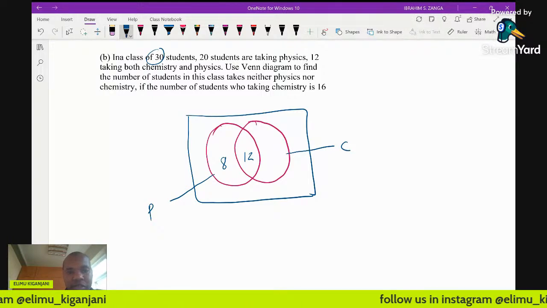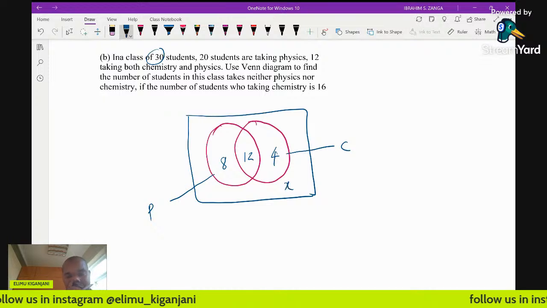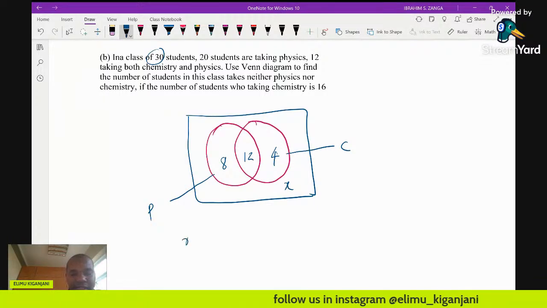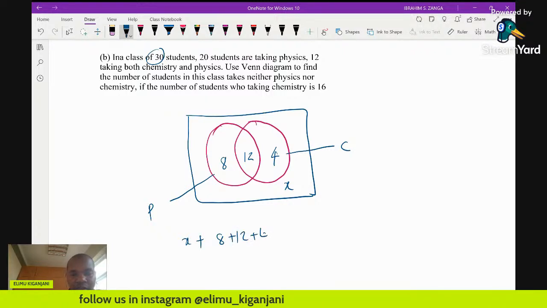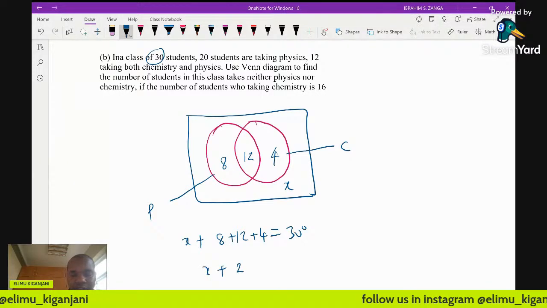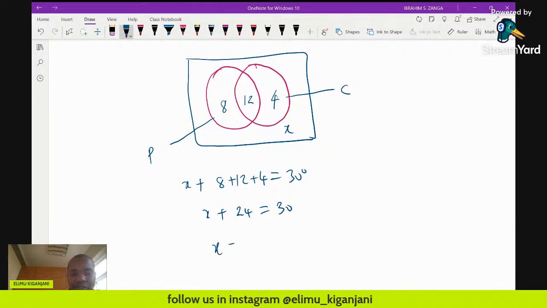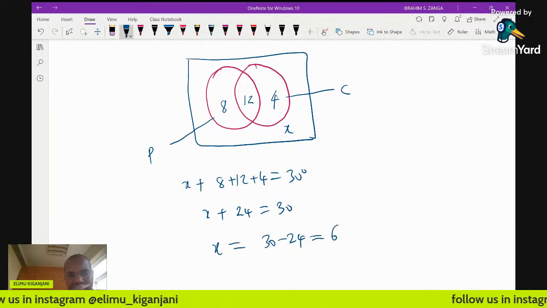We were told that 16 are taking chemistry, so chemistry only is going to be 4. We don't know how many take neither, so it is x. x plus 8 plus 12 plus 4 equals 30. So x plus 24 equals 30, and x is 30 minus 24, which is 6.